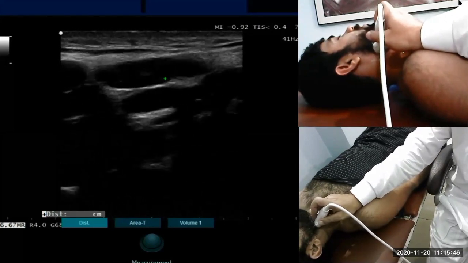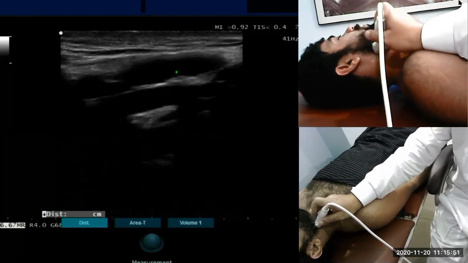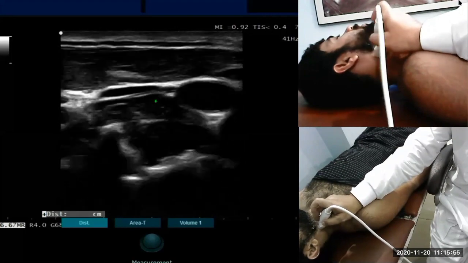So you see, it still is a tubular lymph node here. There are multiple tubular lymph nodes.